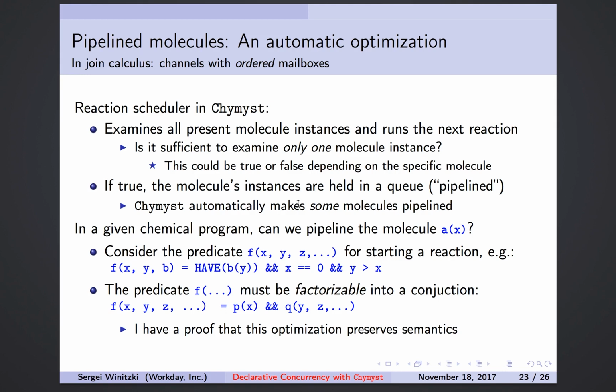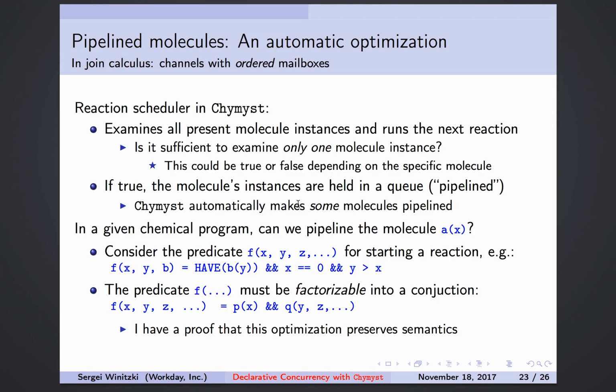Let's talk a little about how Chymyst works under the hood. The reaction scheduler first examines all the present molecule instances in the soup in order to find the next reaction that could be scheduled. Usually it needs to look at many molecule instances.